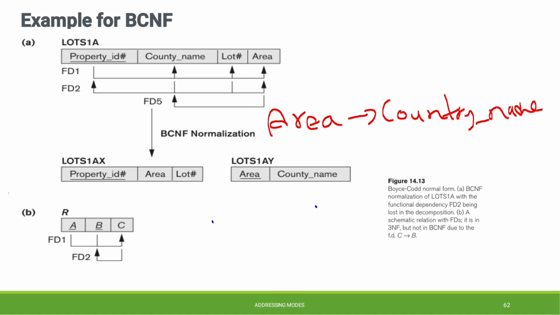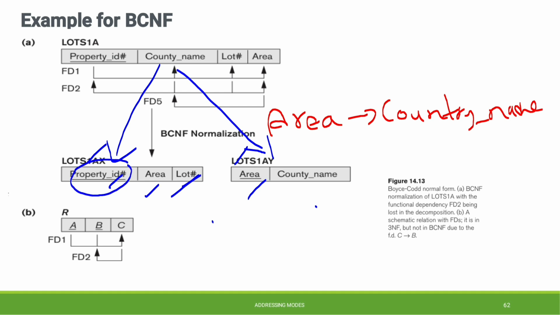To bring it to BCNF, it is divided into two relations whose schemas are given here. These two relations will be in BCNF because property ID, area, lot number are the attributes. Only the prime attribute property ID is going to decide the value of these two, because it is the primary key here.